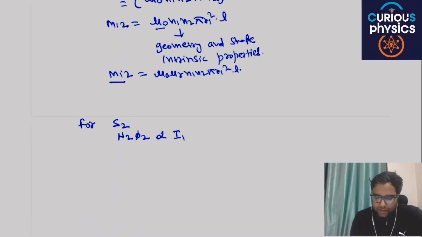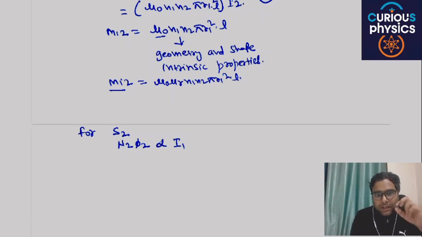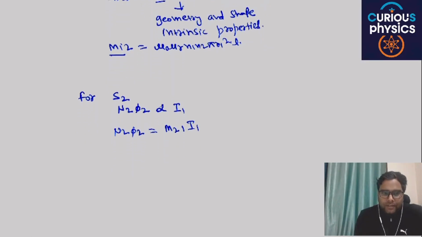I1 is the current passing through solenoid or coil 1, because the flux passing through solenoid 2 will be there if there is a magnetic field produced by solenoid 1. So N2 phi 2 is equal to M21 I1.